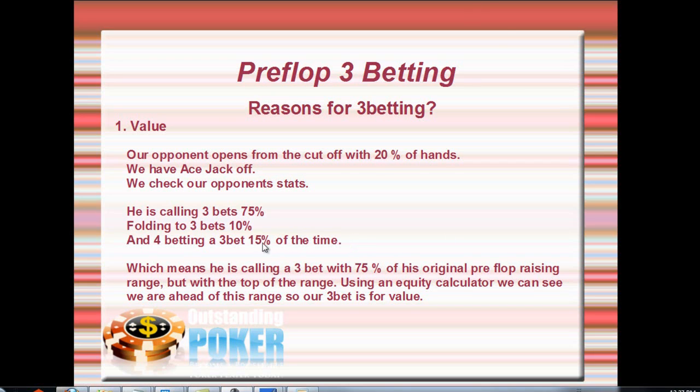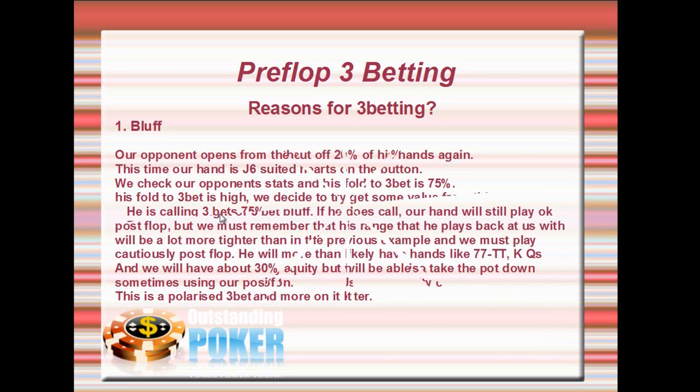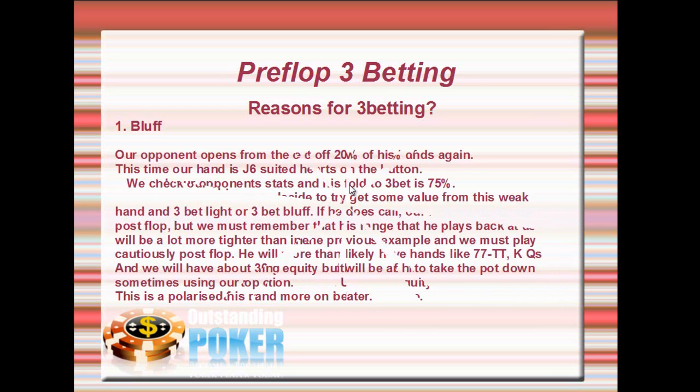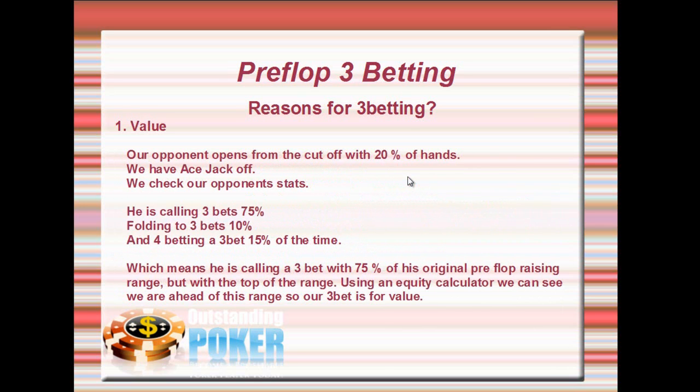I've just made a quick alteration. Basically, I want this to be a bit more realistic. So we've still got this guy calling 3-bets 75%, but he's only going to be folding to a 3-bet 10%, and he's going to be 4-betting 15% of the time.